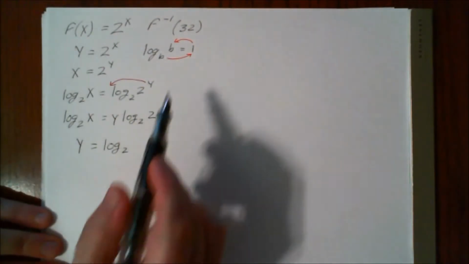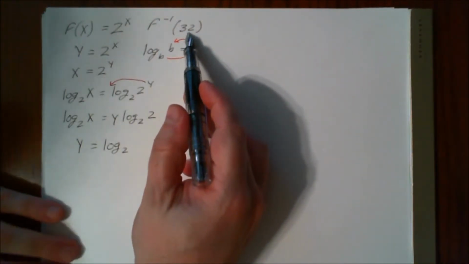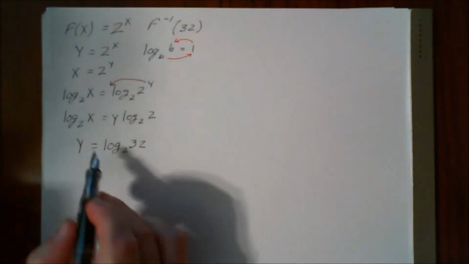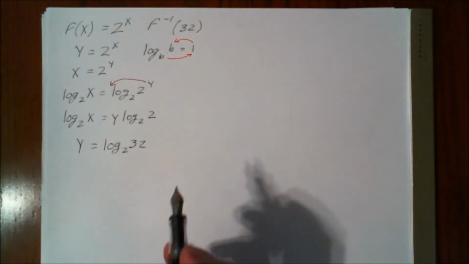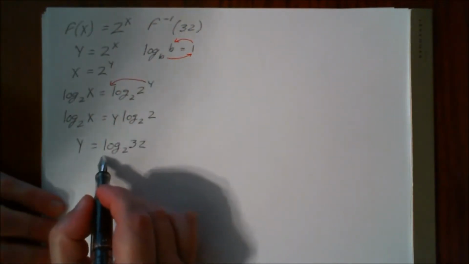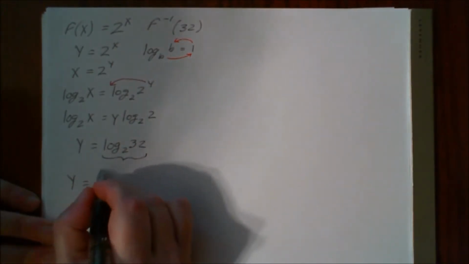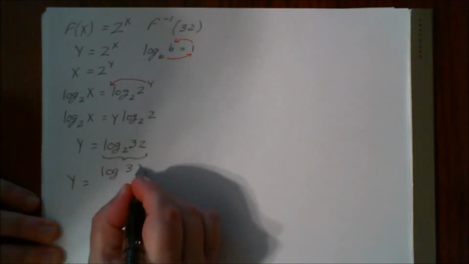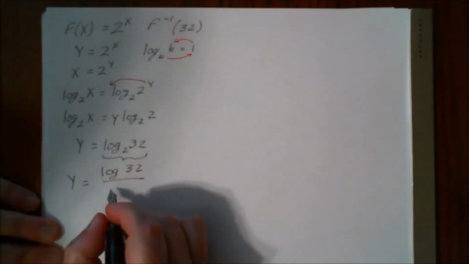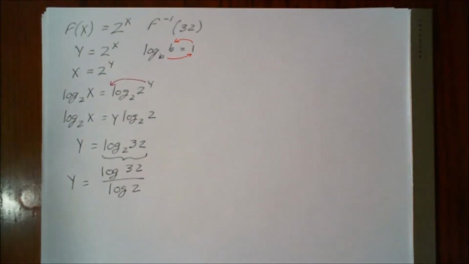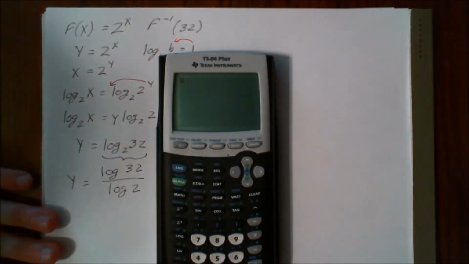So y equals log base 2 of x, but they want us to solve when x has the value of 32. So log base 2 of 32. And to simplify this value on the right, we're just going to use change of base formula and a calculator. So we're just calculating log 32 divided by log 2. I'll show you how to do that if you have a TI-83, TI-84 series.